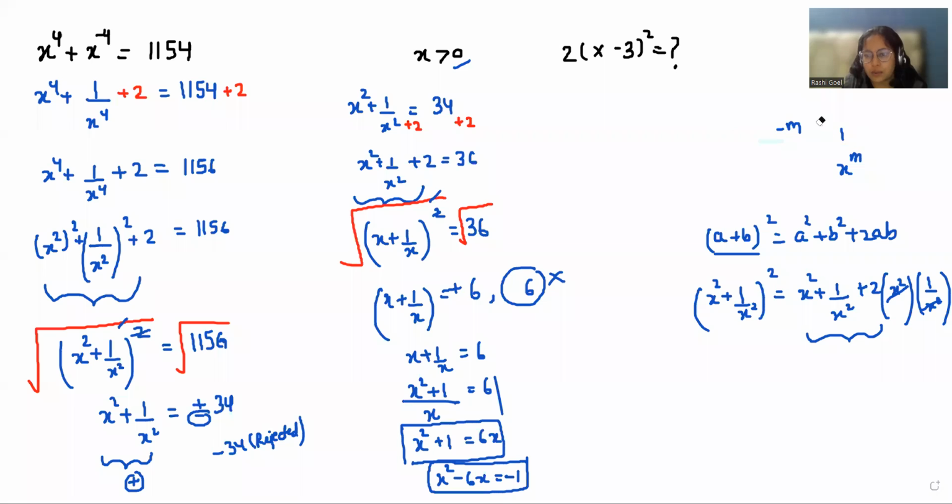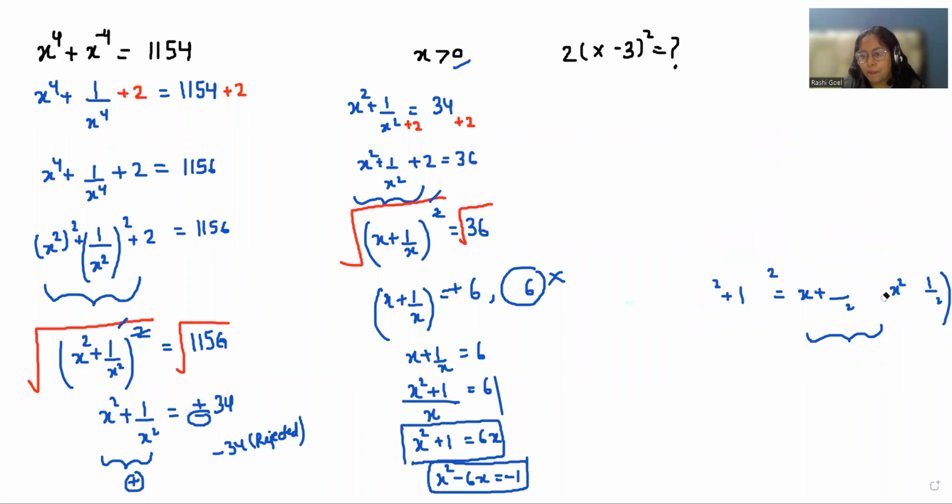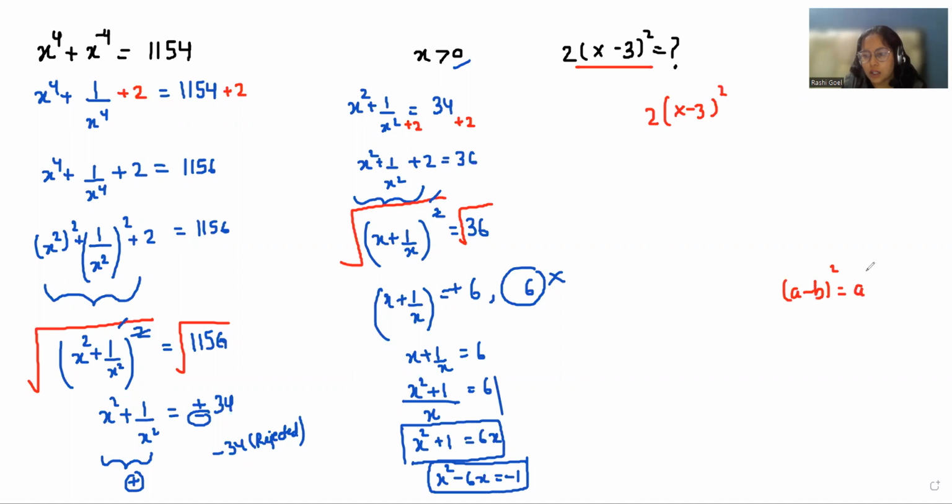So we'll erase this portion to make space. As we know, we have to find the value of this expression (2x - 3)^2. Here we can use our identity (a - b)^2 = a^2 + b^2 - 2ab.